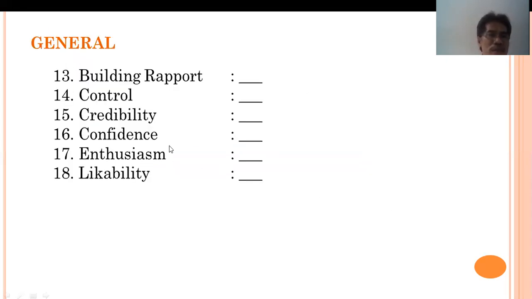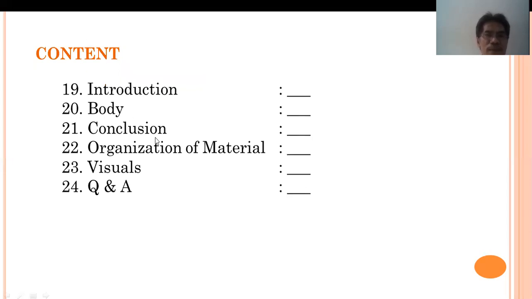And then general: building rapport, control, credibility, confidence, enthusiasm, and likability. Okay, those are the points of general. And the content, what about the introduction? Will you score 10 or 8 or 9 or 5 for the introduction? Or the body, what score do you rate? And the conclusion and organization of the material.